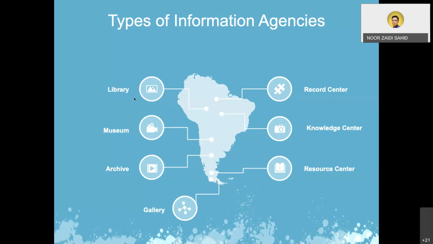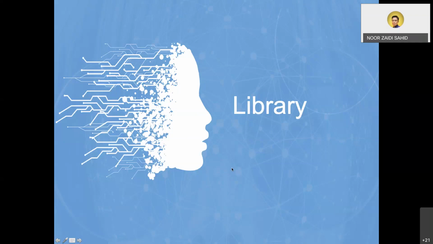And then there's also museum. Museum juga ada pelbagai. And then archive. Archive, kita ada record center, knowledge center, resource center, gallery. So ini antara the most prominent information agencies that are normally established in many countries. Okay, let's go through in detail.